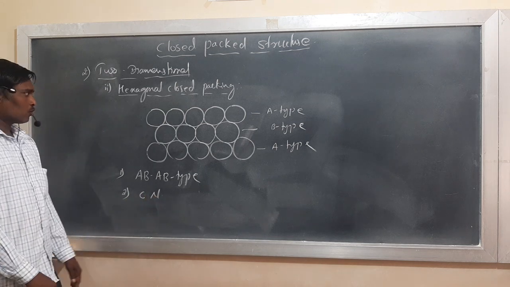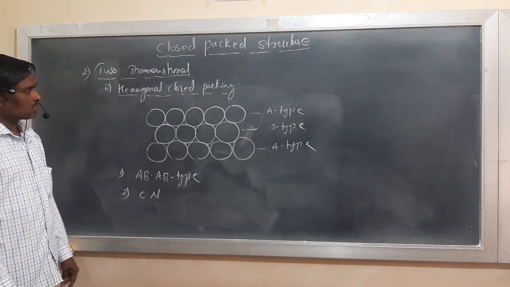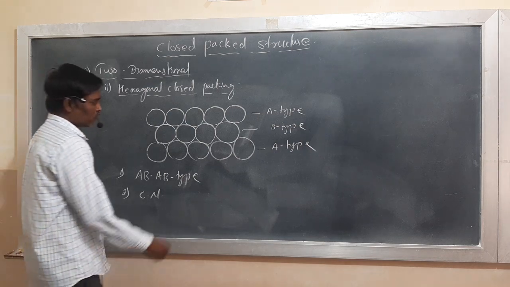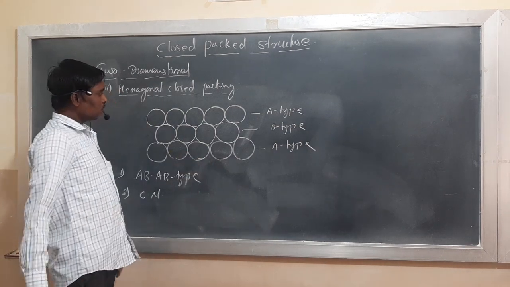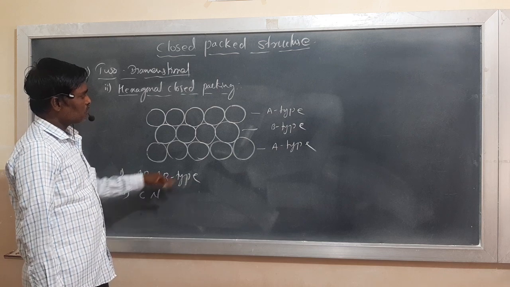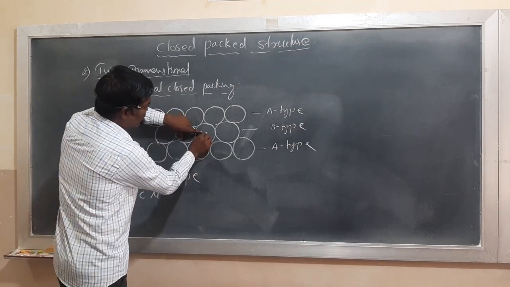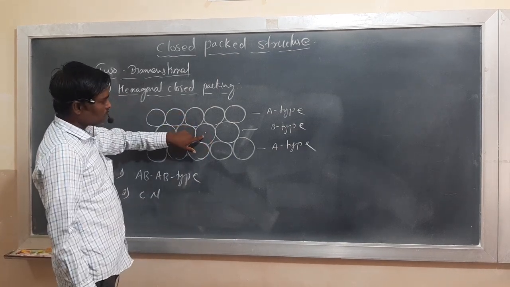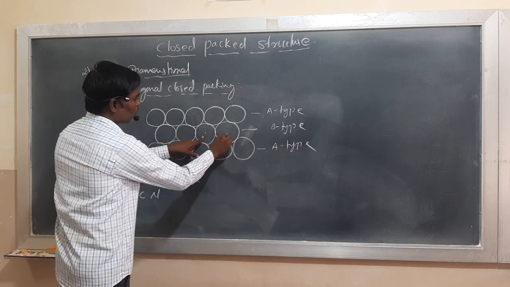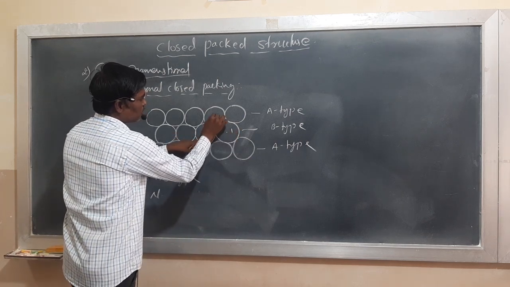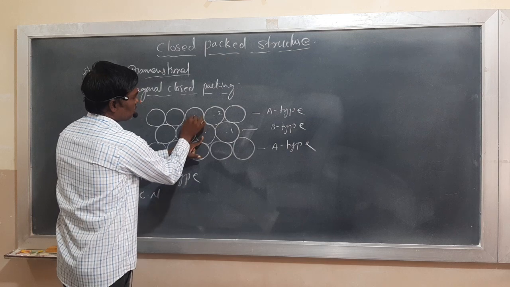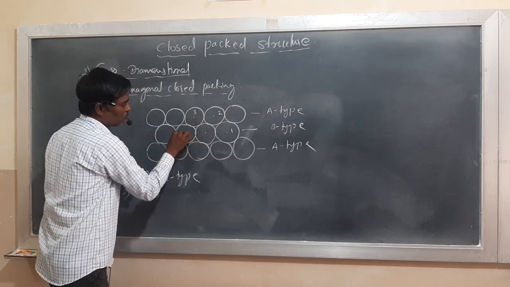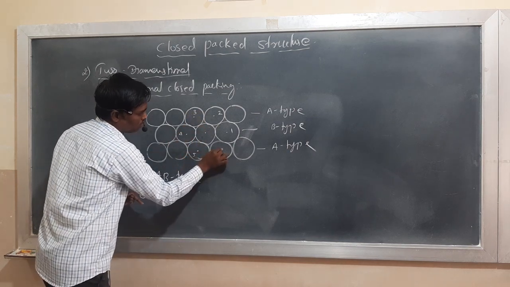And the second point is about the coordination number. For coordination number, find the nearest neighboring atoms to any atom. For example, let me consider this an atom. The neighbors of this atom are 1, this is also in touch, that is 2, this is 3, this is 4, and 5 and 6.